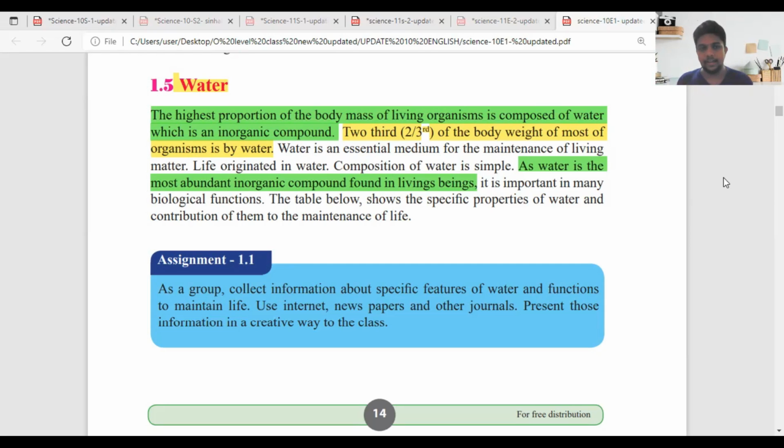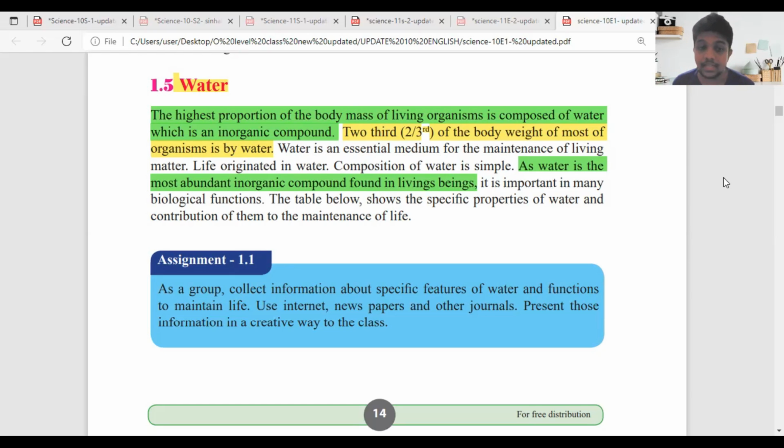The highest proportion of the body mass of living organisms is composed of water. More than 90% of our cell is water, and more than 70% of planet Earth is water. Two-thirds of our body weight is water.